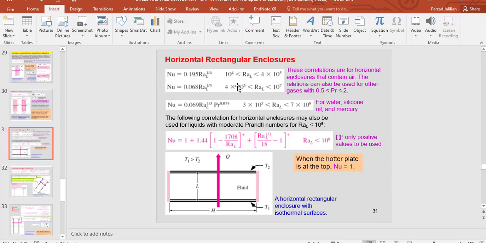These equations are for air actually, with the Prandtl number between 0.5 to 2, but it can also be used for other gases which have their Prandtl number between these two values. So the Prandtl number also can be found from the table, for the T average.